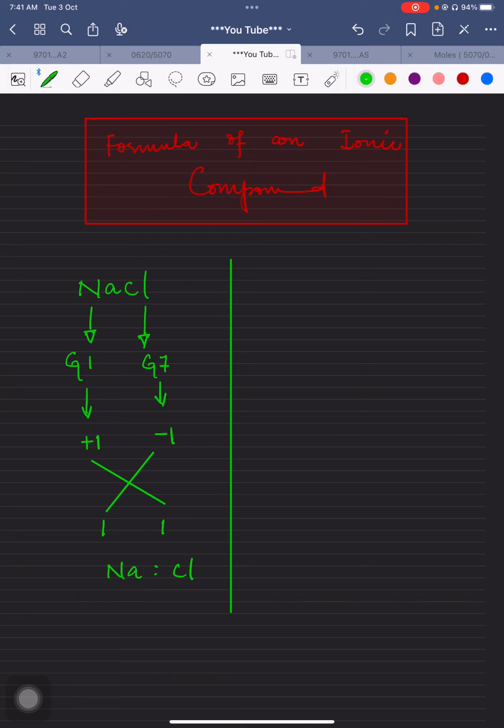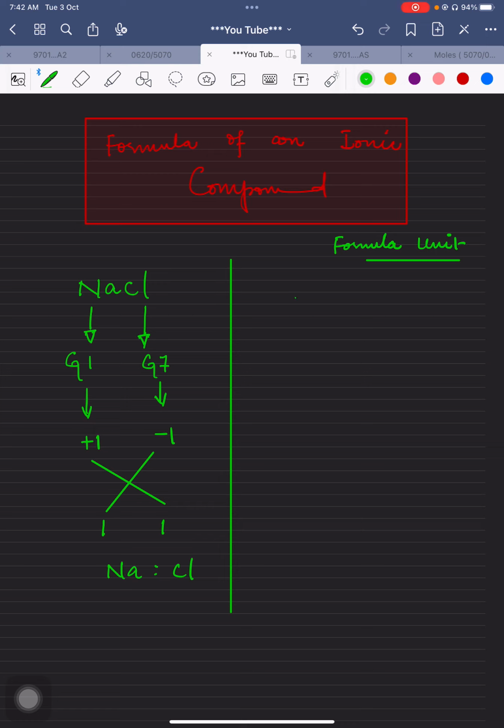In calcium oxide, calcium is the positive partner, and oxide, the oxygen, is the negative partner of that compound. The formula of an ionic compound is also called a formula unit. A formula unit tells us the very basic identity and composition of that ionic compound.